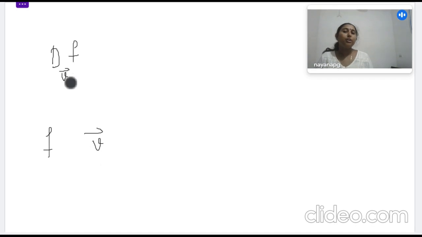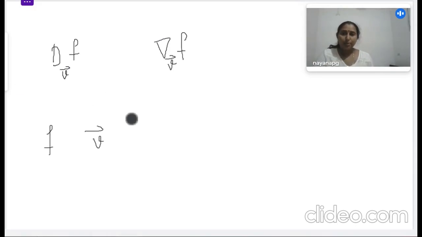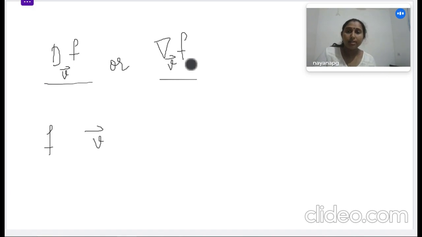We denote it as the directional derivative of f with respect to the direction of v, or we could also write directional derivative of f in the direction of v. We notate the directional derivative like this or this. There are also different notations, and these two are the most famous among them.